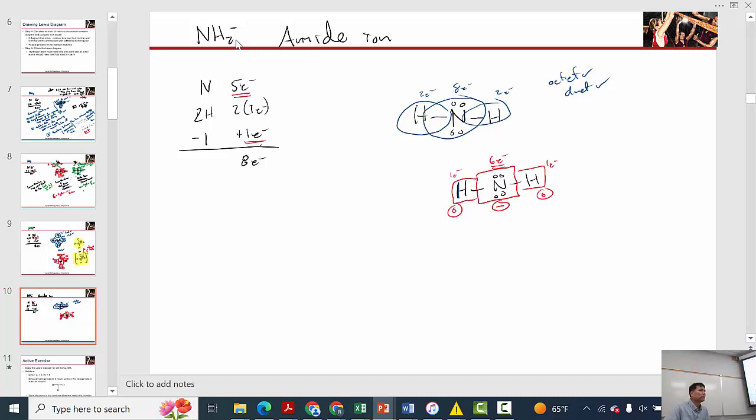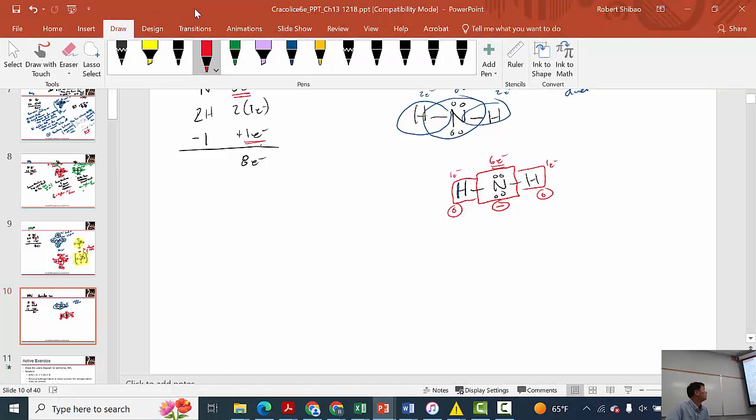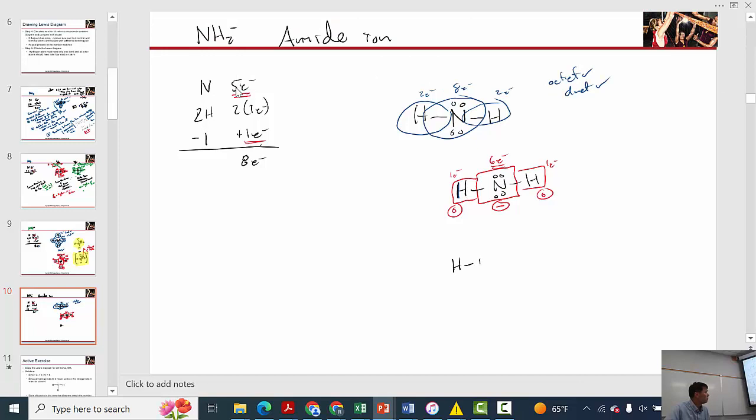The electron isn't just free floating out there. It's from somewhere. It took it from somewhere. Not from the hydrogens, but it took it from something else. And so what we end up with is this. We don't show the zeros, but we will show the negative formal charge like that. Or we can use these square brackets.